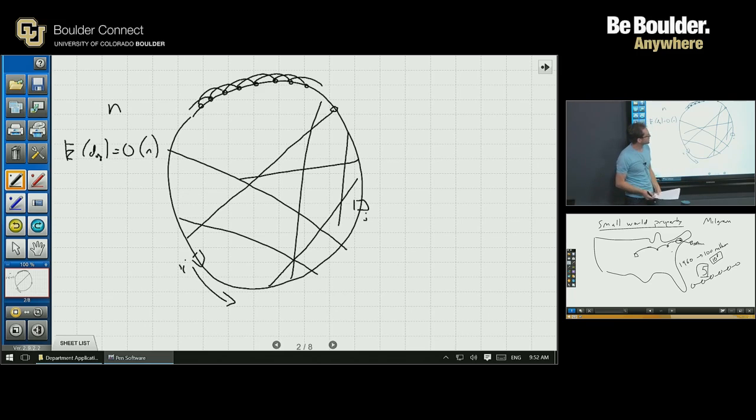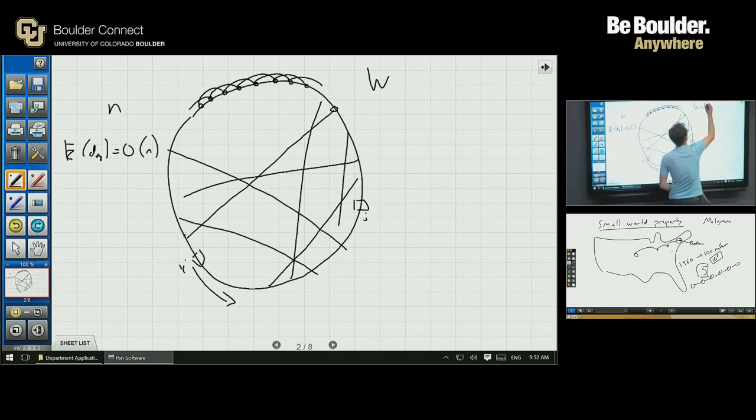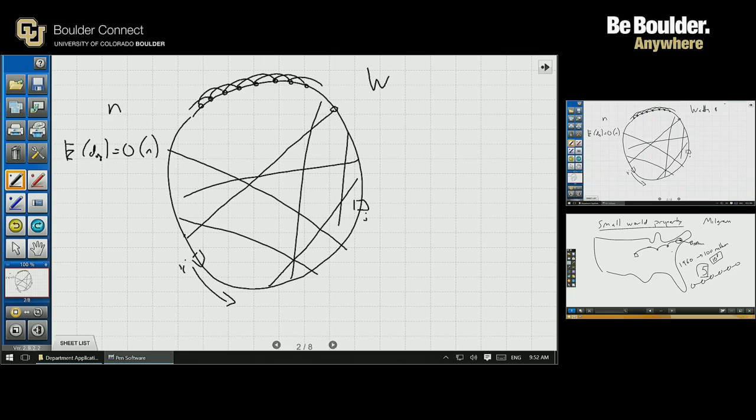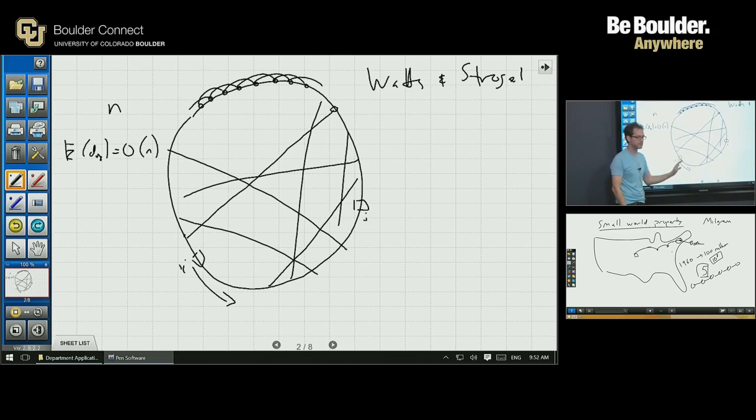And so there was this very nice paper at the beginning of the modern era of network science by Watts and Strogatz, 1998, I believe, in which they wrote down a very simple toy model for this kind of system.